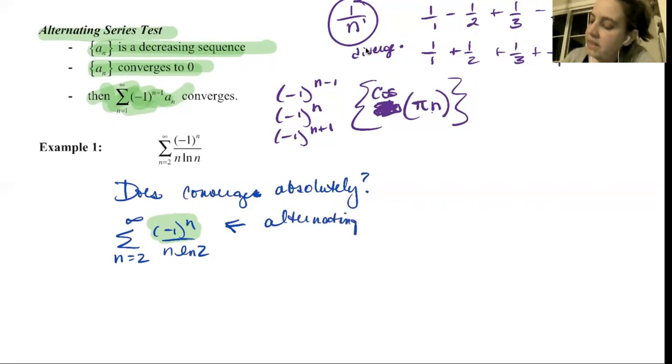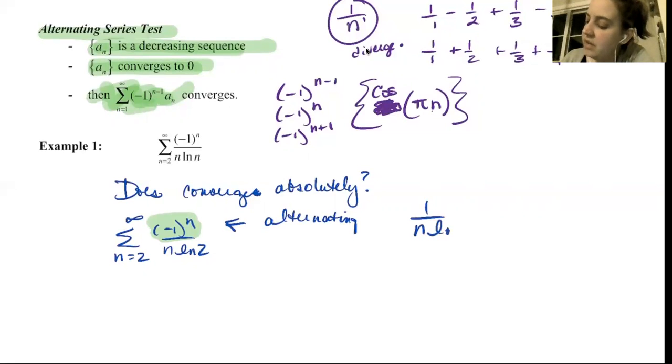Then look at the rest of it. Look at 1 over n natural log of n. I wrote 2, that should be an n. Are those terms getting smaller, getting to 0? Yeah, they are. Are they decreasing? Yes, they are. Check, there's my decreasing.